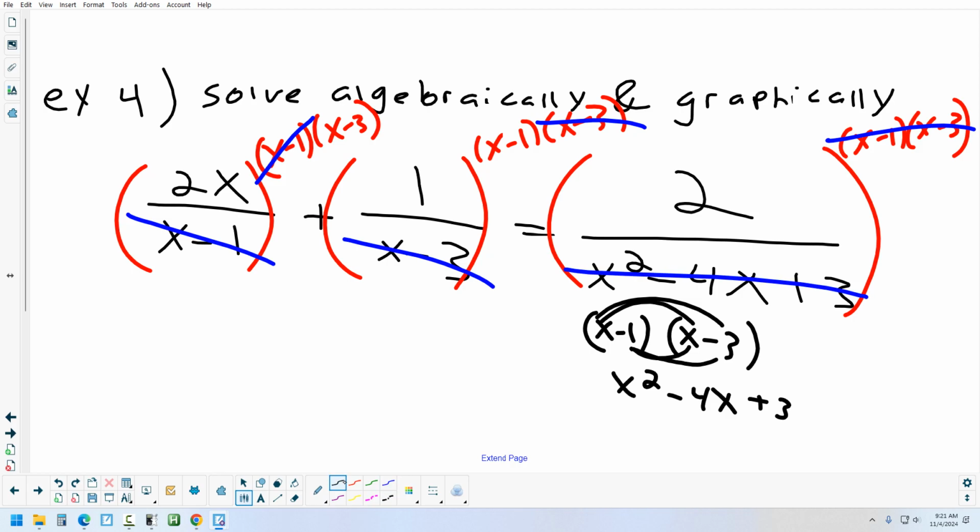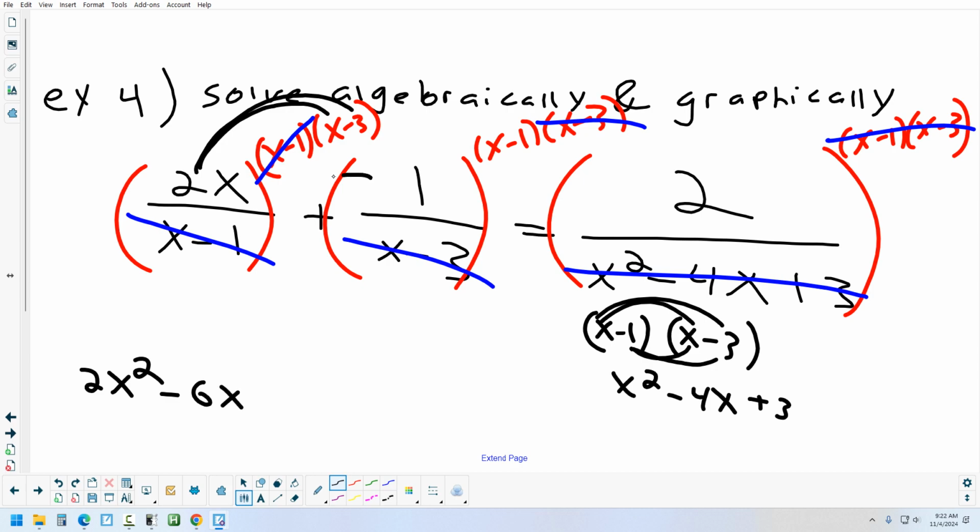So now we have to write down what we're left with. Usually what you're left with is some kind of distributive property. What's 2x times x? 2x squared. And what's 2x times negative 3? Negative 6x. Now this is the part you're going to be careful in the middle.